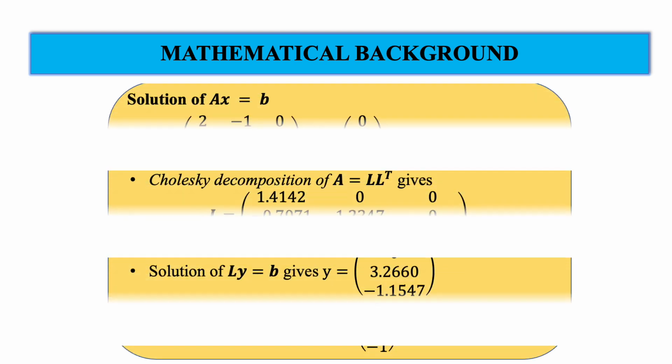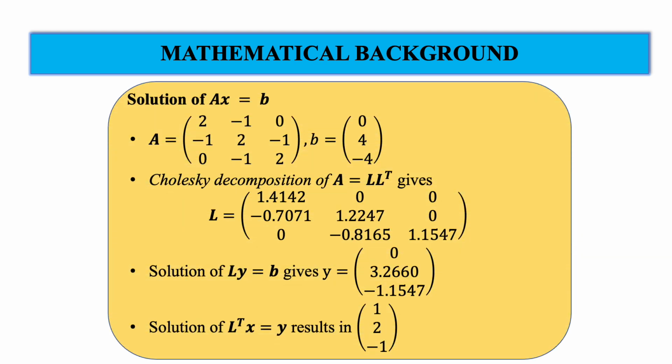So here is a simple example which is worked out. I have a symmetric matrix A which is positive definite and b is a given vector. Ax equals b is the system that we want to solve. We do the Cholesky decomposition, and the corresponding L matrix is like this. Now you will see that all the diagonal elements are positive.